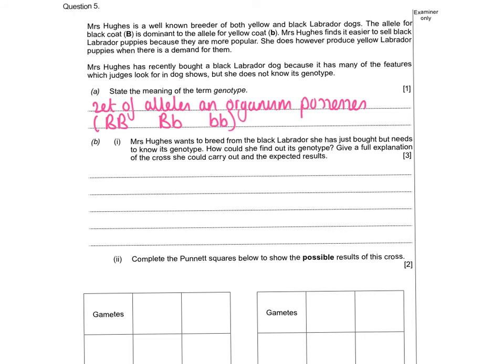So what she would need to do is breed the black Labrador with a yellow lab. And the reason for the yellow lab is that it is homozygous recessive, so the yellow lab has got 2 little b's.